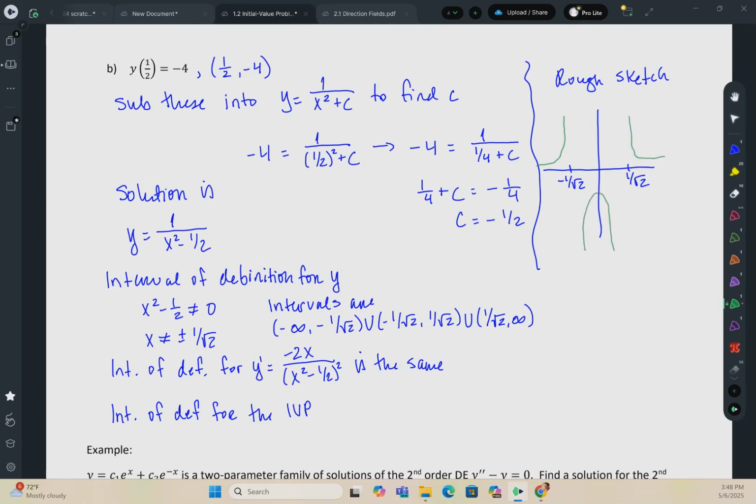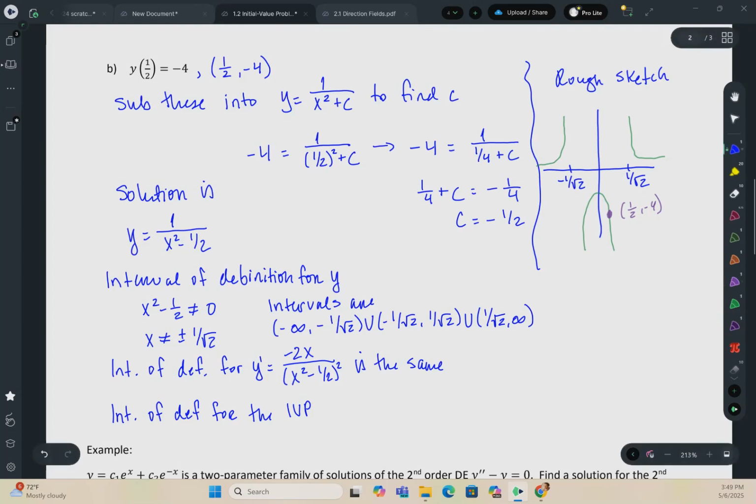We have the downward facing parabola, and on that downward facing parabola we had the initial value 1/2 with -4, which is maybe showing up down here, something like that. Okay, it doesn't need to be accurate. I'm not looking for accuracy in the picture. I'm just looking for it to guide me, and that's it.